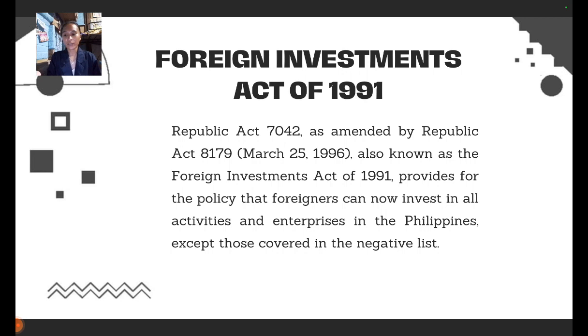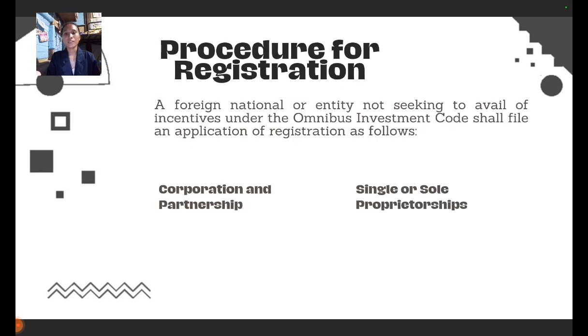It allowed for greater participation of foreign entities in various sectors of the Philippine economy, subject to certain conditions and restrictions. The law provides incentives and safeguards to attract foreign investors, contributing to the growth and development of the Philippine economy. We have here the procedure for the registration.